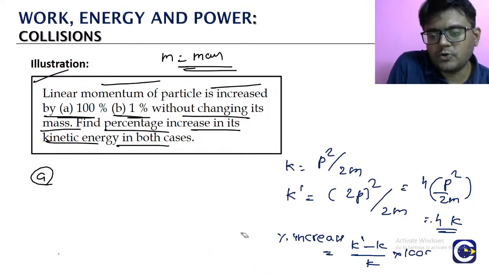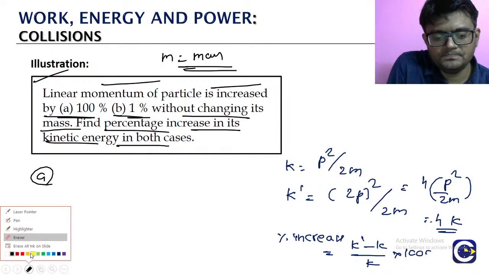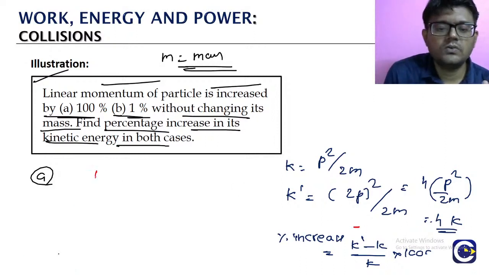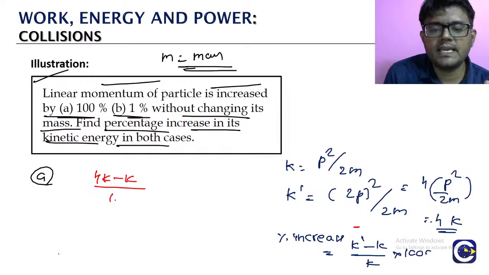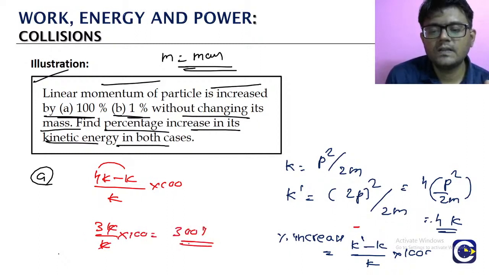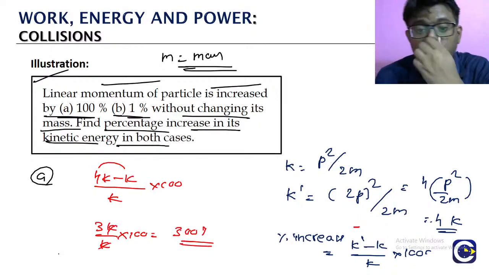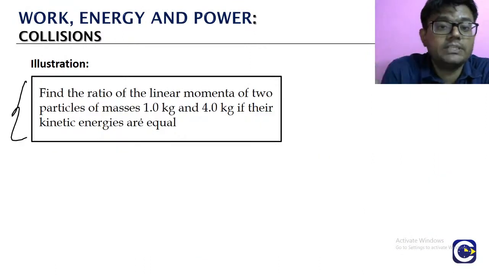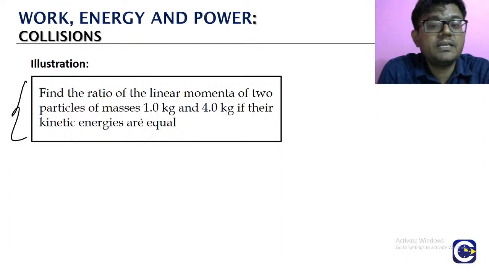Okay, so just we have to substitute. Check it. So K dash is what? 4K minus K. What is the 4K minus K? This is the increase. Okay.